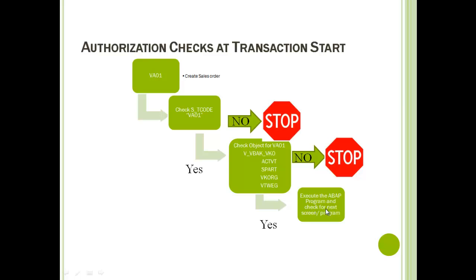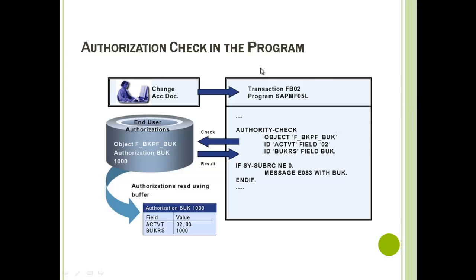The delivery note will have its own authorization checks and its own transaction code. In this case, maybe it will not check the transaction code, but it will check the authorization object and the other additional fields for whatever the user is trying to execute. Whenever the user executes any program, or switches to another program, it will also check the respective authorization object. This is the authorization object check inside the program.